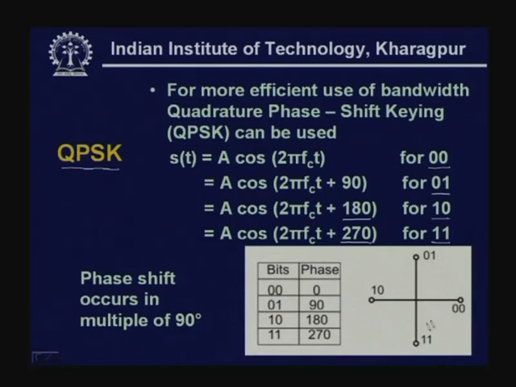So, here is the phase state diagram. For 0 0 it is 0, for 0 1 it is 90 degree, for 1 0 180 degree, for 1 1 270 degree. So, the phase shift occurs in multiples of 90 degree in case of QPSK. So, you may be asking, what is the advantage that you have gained by this?